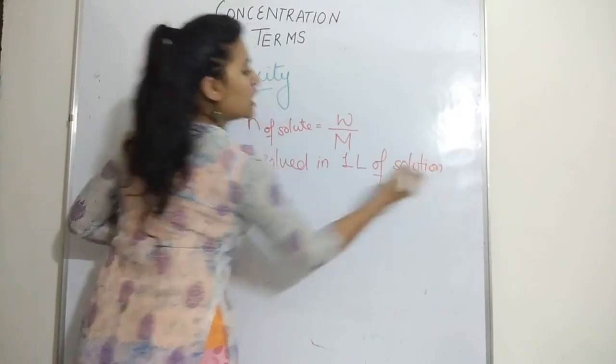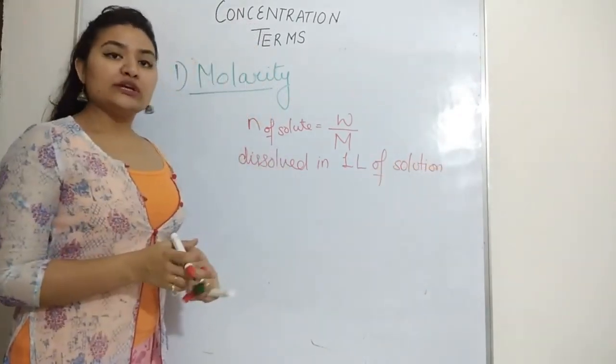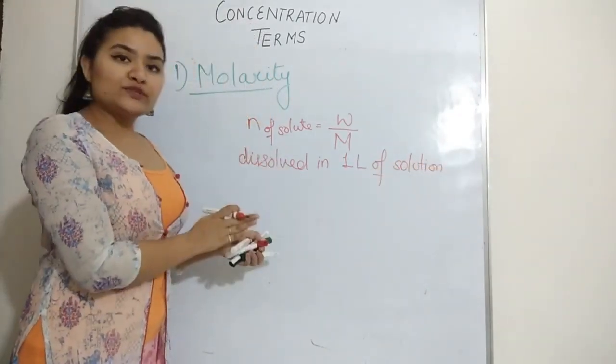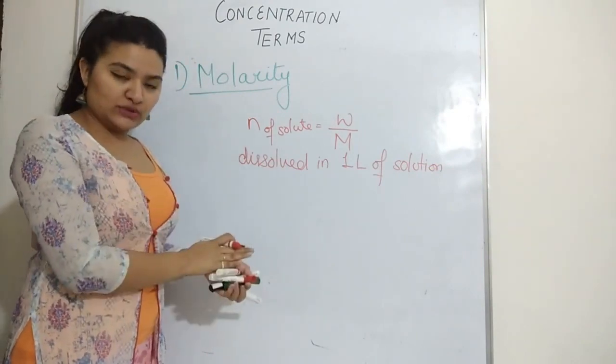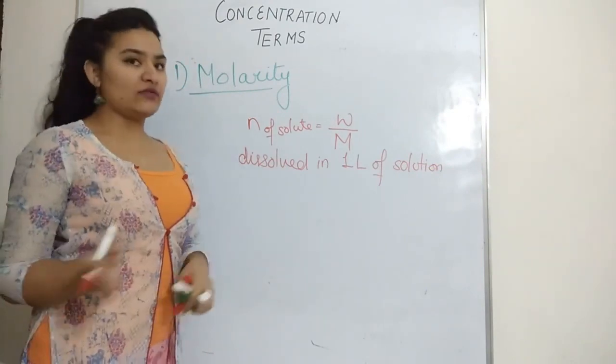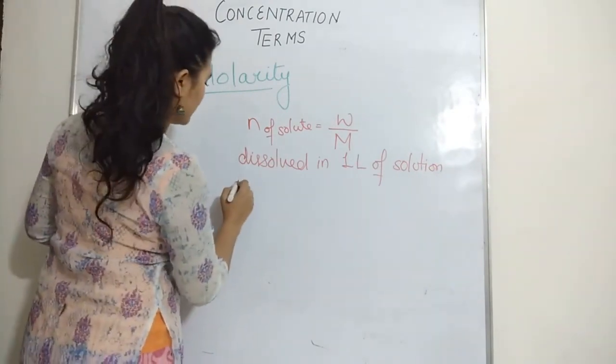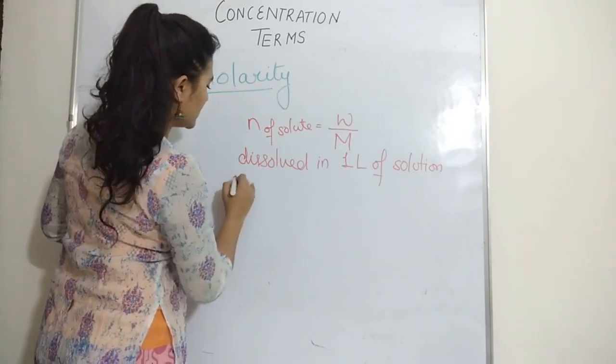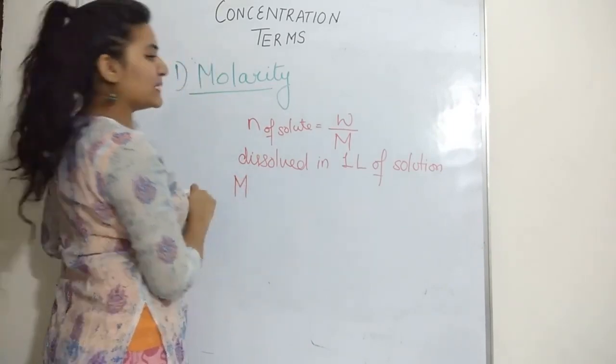That means the volume of the solution should be volume of solute plus volume of solvent. Okay. So its formula will be, now this is given by capital M.